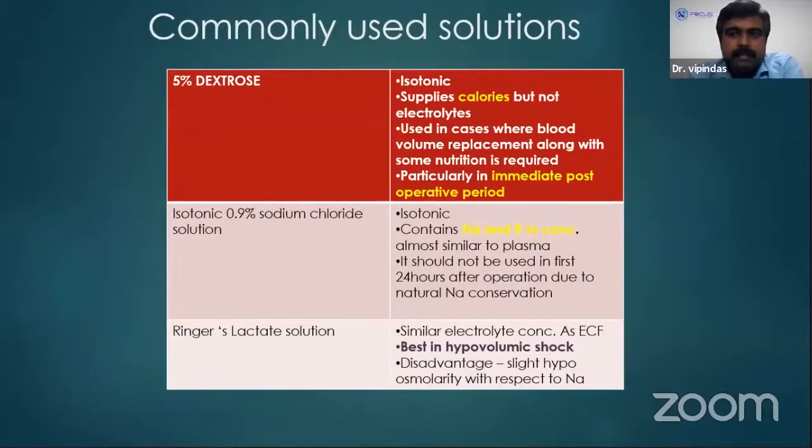In stress time, the adrenocortical activity will be there, so this leads to natural sodium conservation. So you are not supposed to give more sodium through sodium chloride solution, that is 0.9% saline. So immediately postoperatively or in any stressful condition or trauma, saline is not indicated.